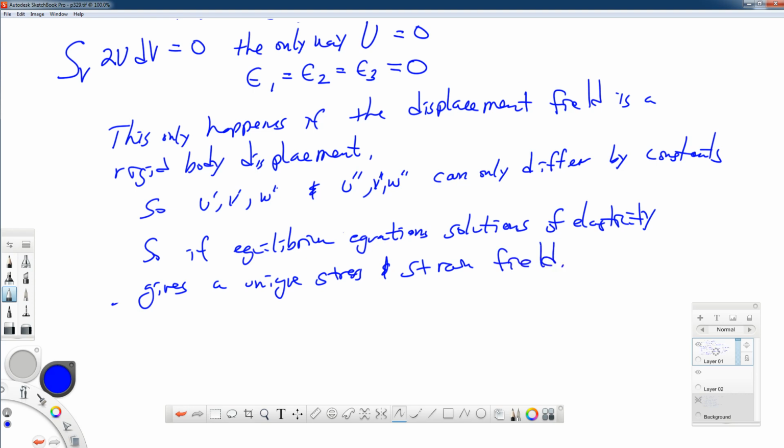Now, the result I don't think is very earth-shattering. We have linear problems, and the solution to any linear problem should be a one-to-one correspondence, should be unique. But this kind of goes through and shows more formally how we can think of this in a very mathematical way. We don't want the math to get in the way of what we think we need to do, but sometimes the math can give us further insights into different things.